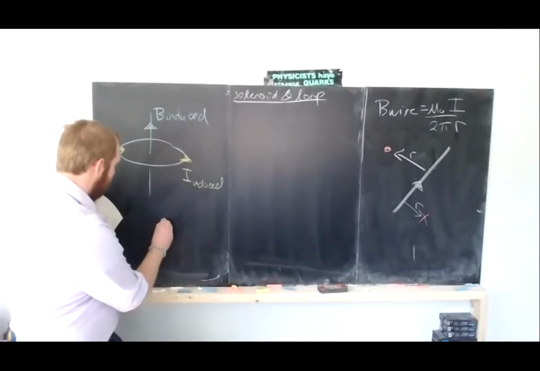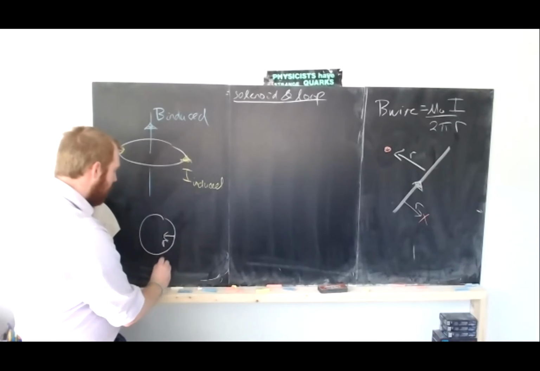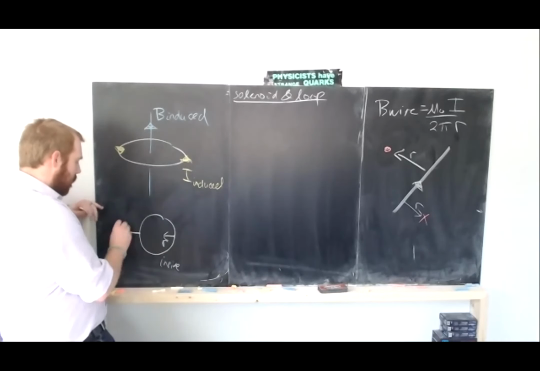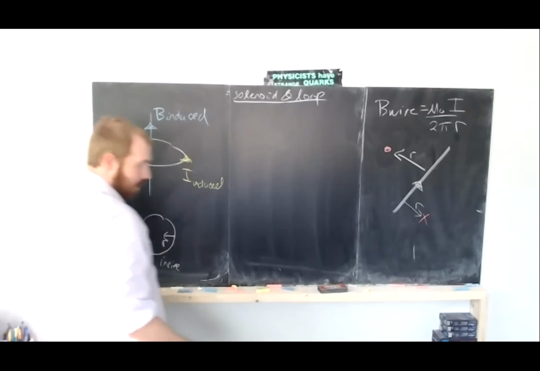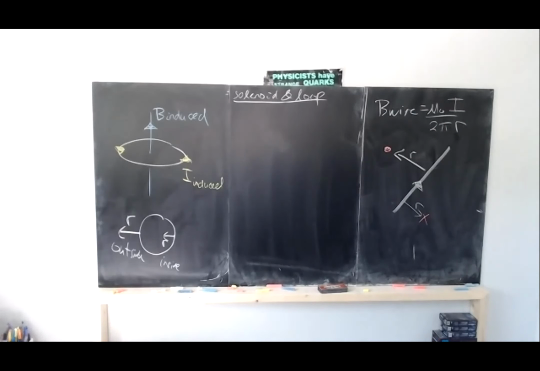Am I measuring inside, or am I measuring outside the loop? That's what I mean by inside or out. Gotcha. How would inside or outside the loop affect the direction?